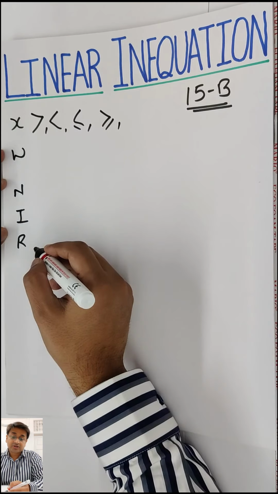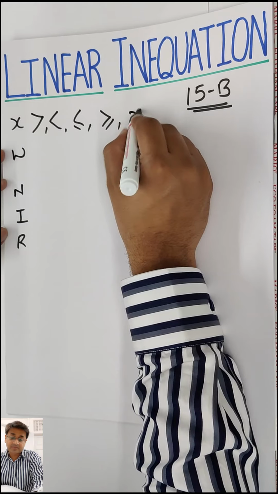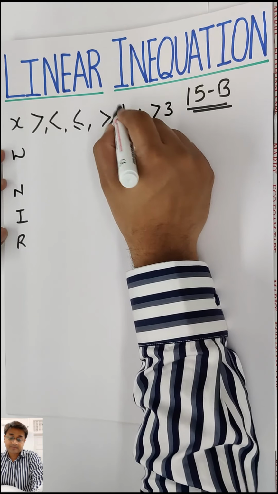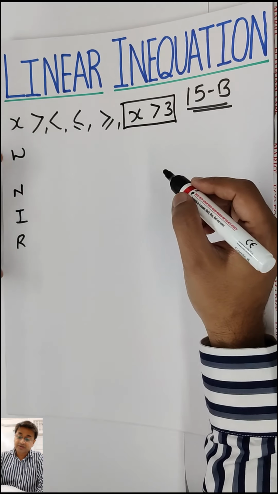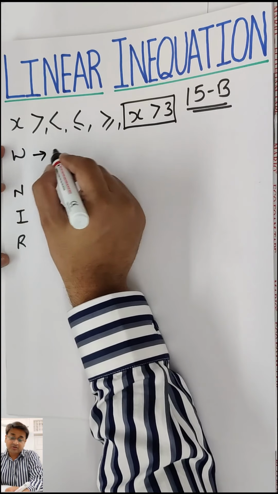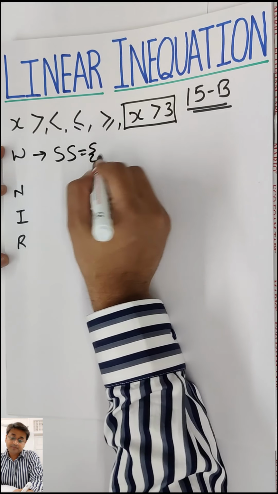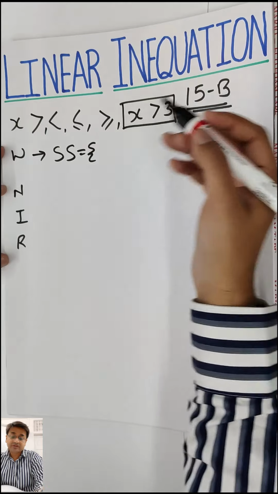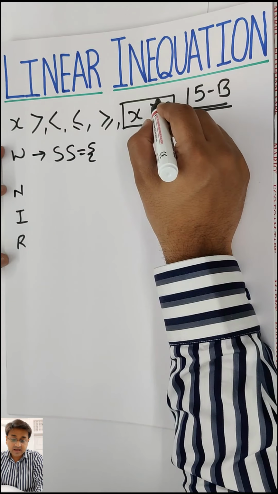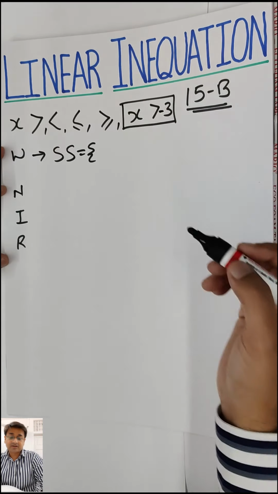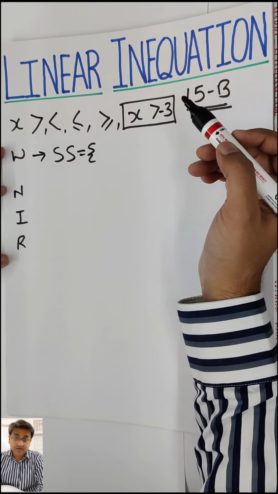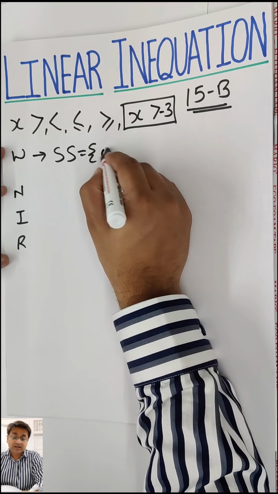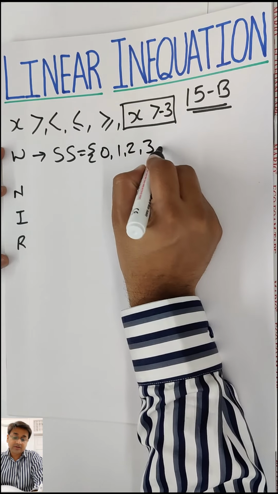So you have to write the solution set in all the cases. For example, if X is greater than 3, how will you write the solution set in all these four cases? Let's take it as X is greater than minus 3. Whole numbers start from 0 and go till infinity.